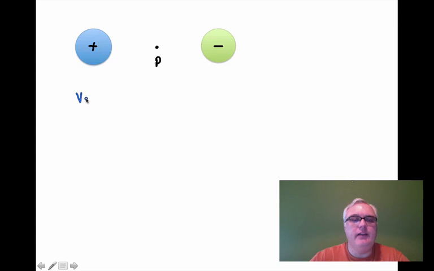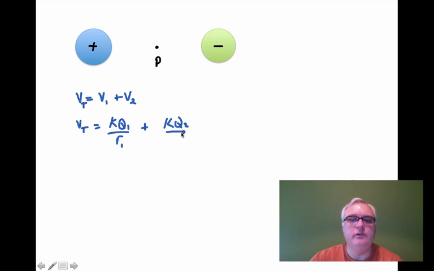So the total potential here will be the sum of the potential due to the positive charge plus the potential due to the negative charge. Okay? So because it's a scalar quantity, I don't have to draw a vector diagram. I just have to find the magnitude of each of these potentials. So K times Q1 over R1 plus K times Q2 over R2.